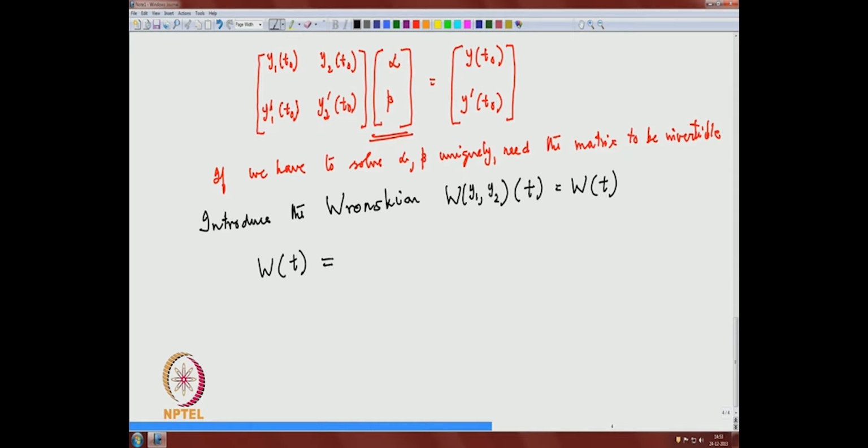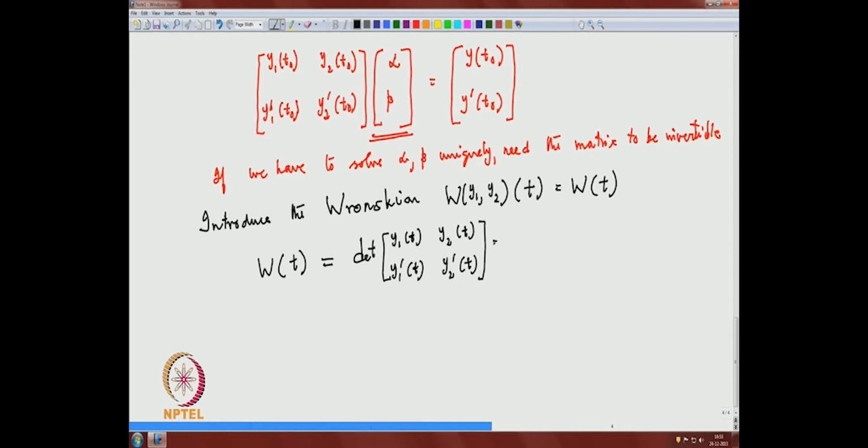W(t) is equal to the determinant of y1 at t, y2 at t, y1 prime at t, y2 prime at t.